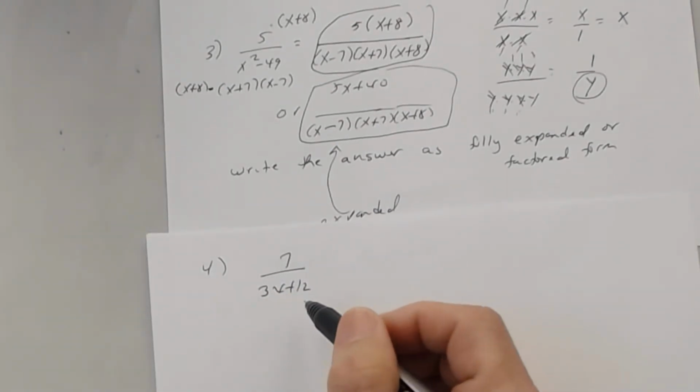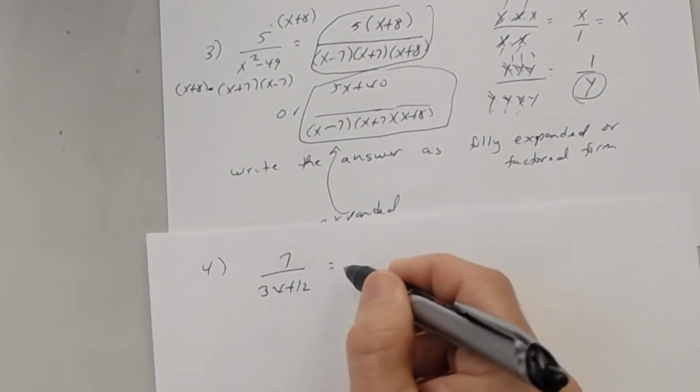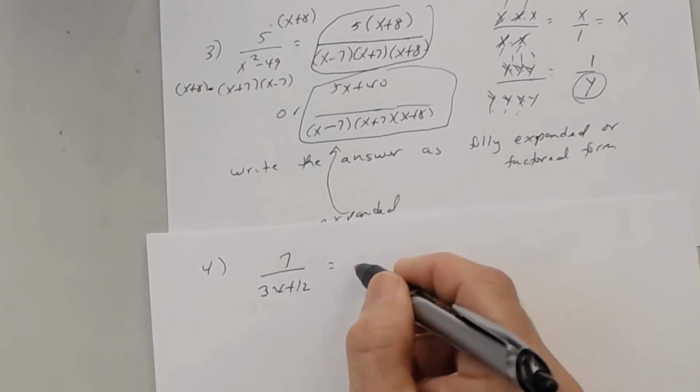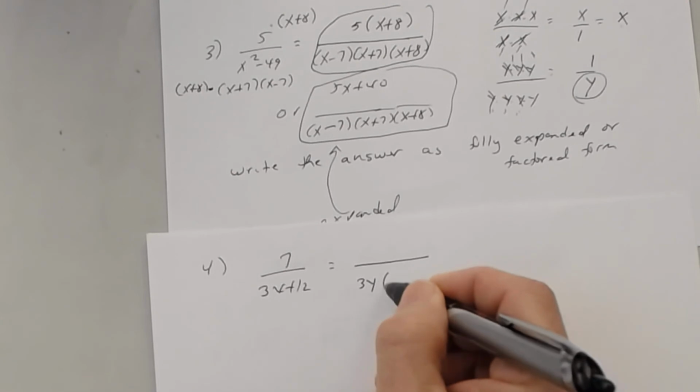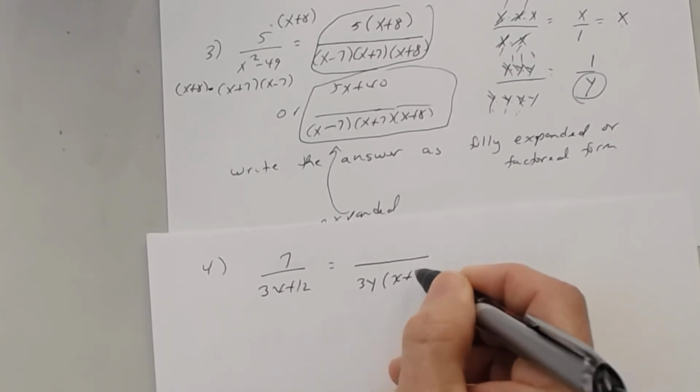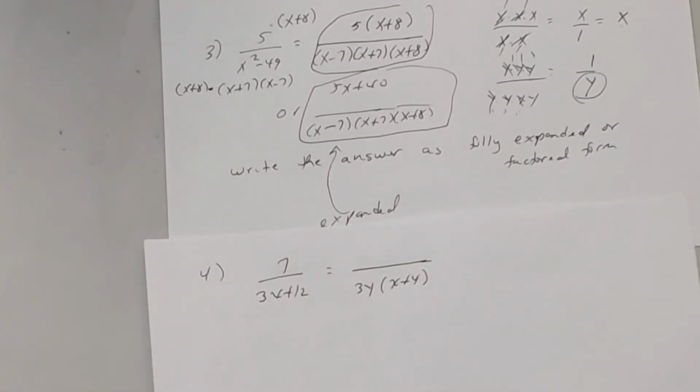So there's your rational expression. You want to rewrite this, though, with this denominator: 3y times x plus 4. So you want to find out what that numerator must be for this rational expression to be the same as this one with that denominator.